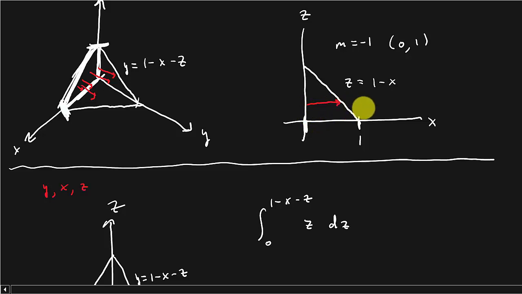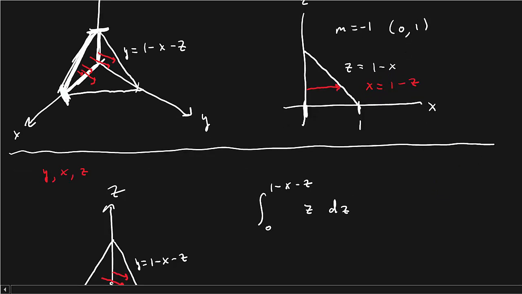Well, what's x? X is equal to 1 minus z. You see that? So this is going to go from 0 to 1 minus z. And then along the z-axis from 0 to 1 up here. So 0 to 1, I've got my dx, and then I've got my dz. And there's that one set up.